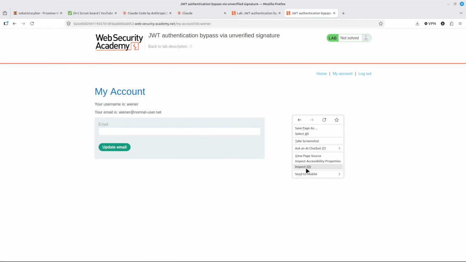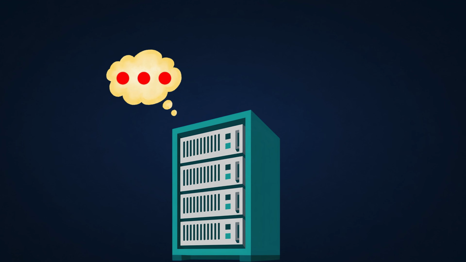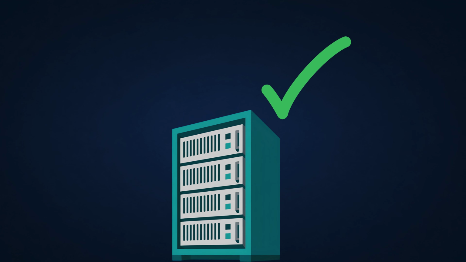Before we touch the examples, we need to understand what a JWT is. A JWT stands for JSON Web Token. Usually you see it after login. The user logs in, the server checks the credentials, and if everything is correct, the application gives the browser a token.